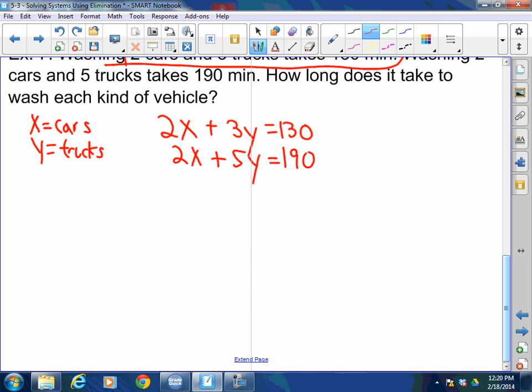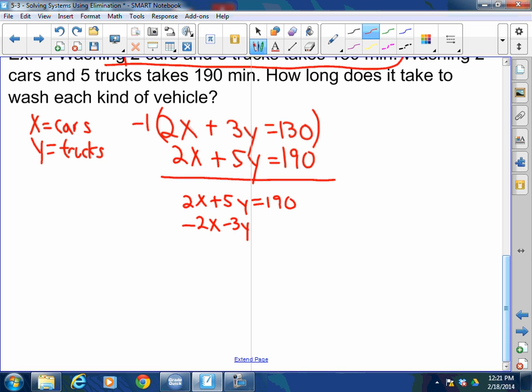Awesome. Who do you want to eliminate? x, right. So, what do I do? You multiply the top one by a negative 1. Cool beans. So I'll have 2x + 5y = 190. And then -2x - 3y = -130.